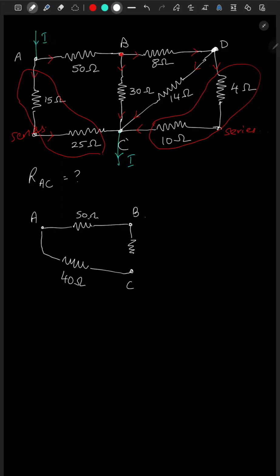And again here we have 30, here we have 8, here we have 14. So these two are in series, we have to add, so we get also 14 over here. So it is 10 plus the 4 ohm.